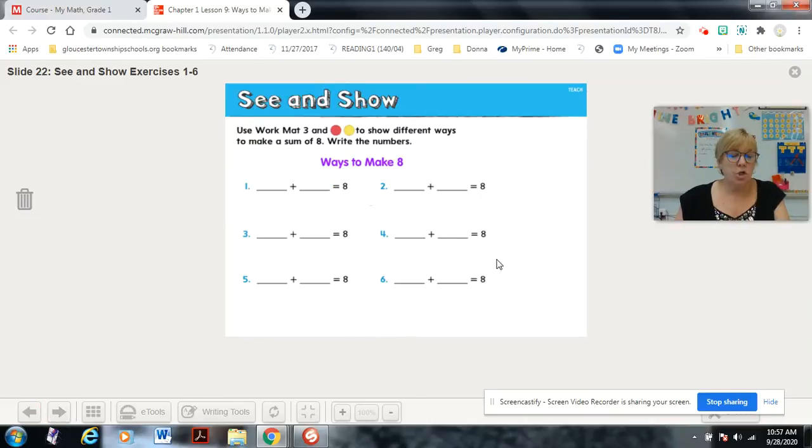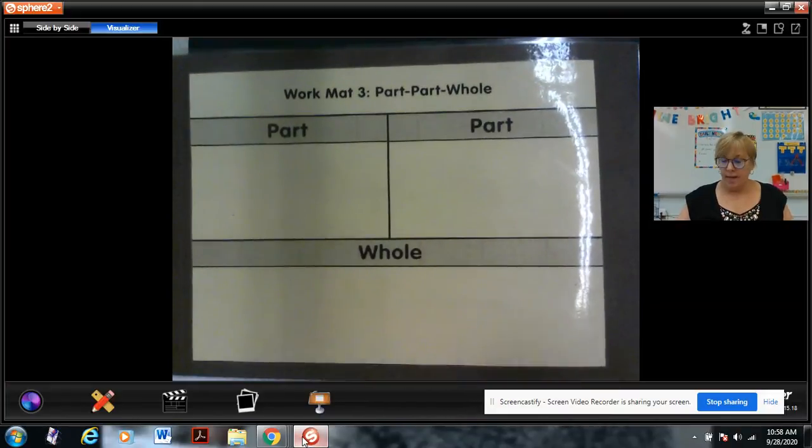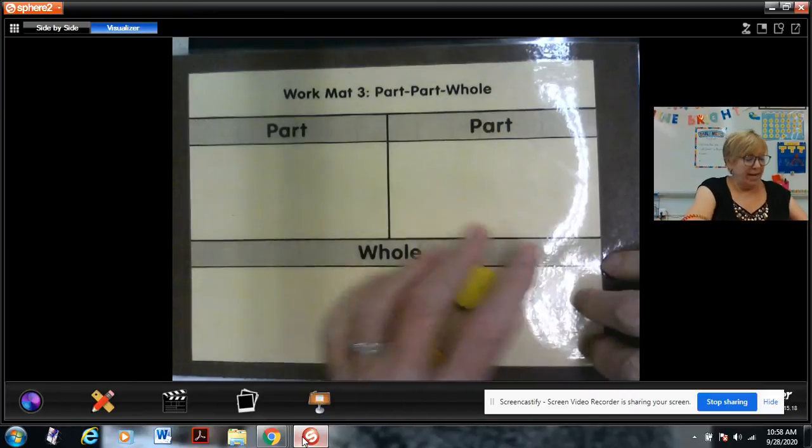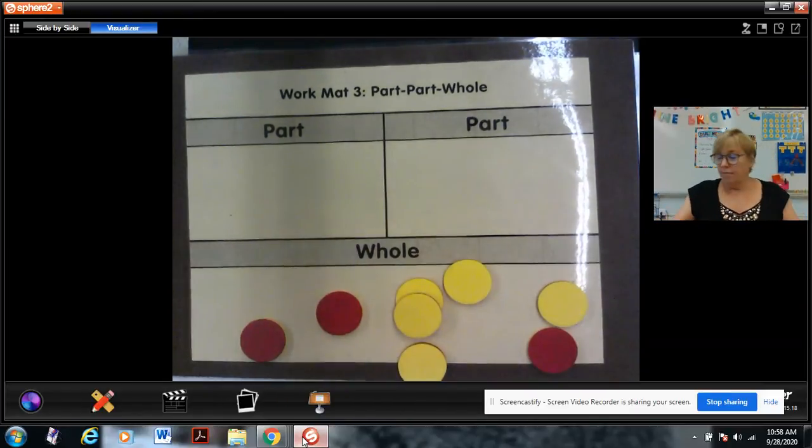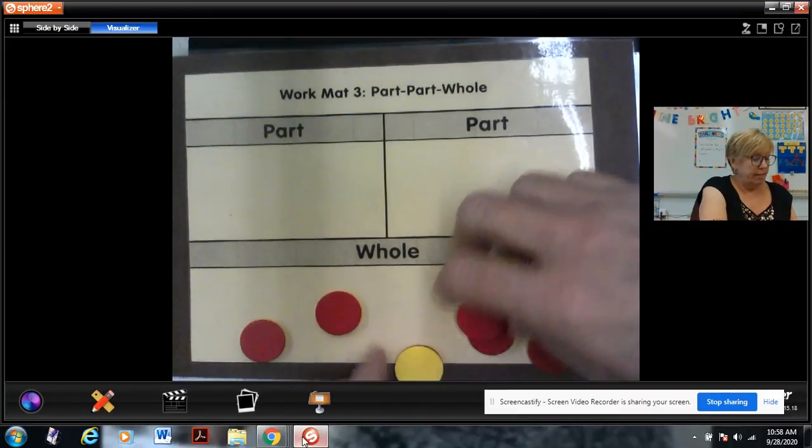All right. So I'm going to show you a way that we can, using our work mat, make 8 very easily. So if you look at this, I'm just going to put my 8 counters in the whole, part whole, not the hole in a shirt or something like that.